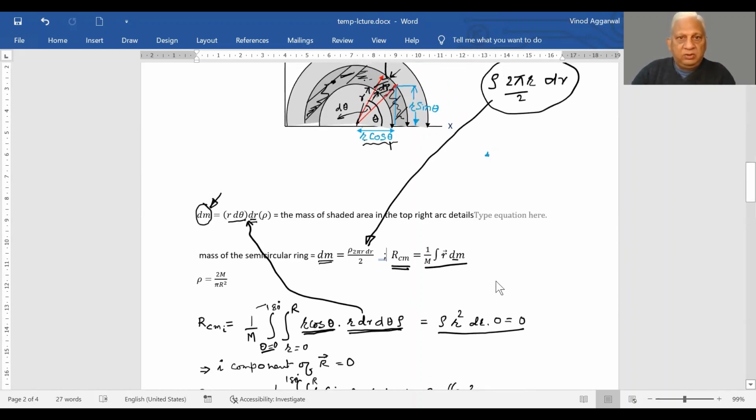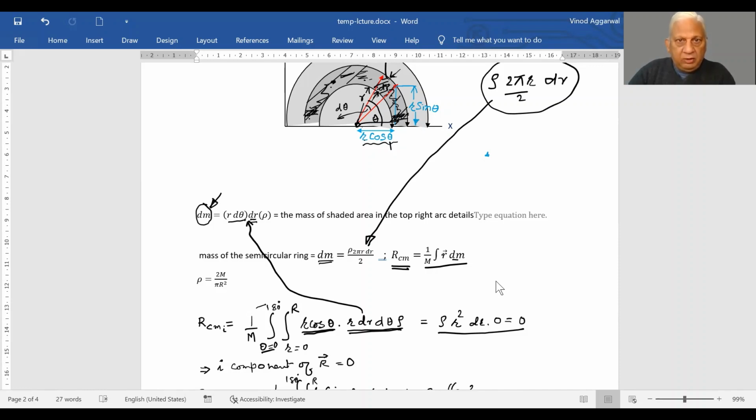It is so because if you see, all the particles here are symmetric about this axis. If I take a small slice here, its x-axis coordinate will be this, but I have a similar slice opposite to it also here, whose coordinates will be negative.